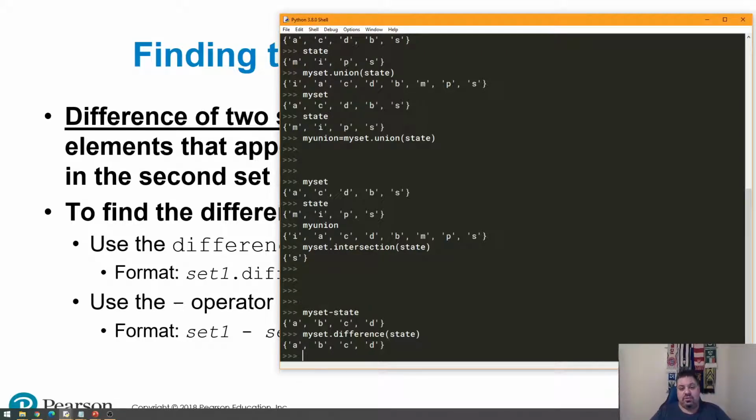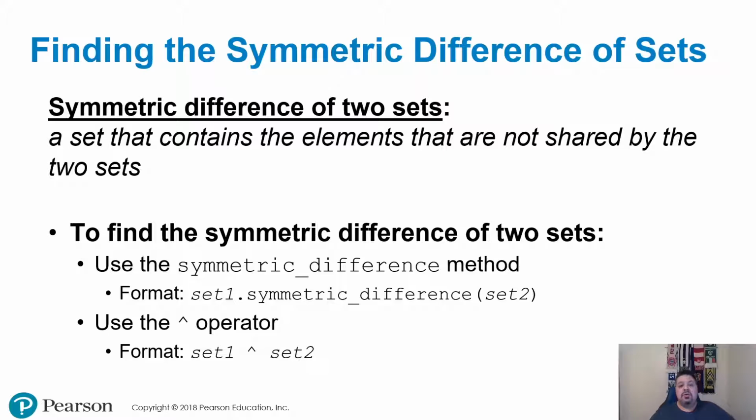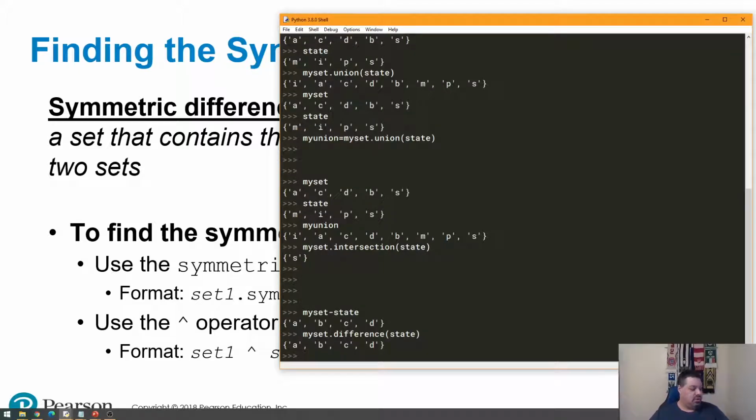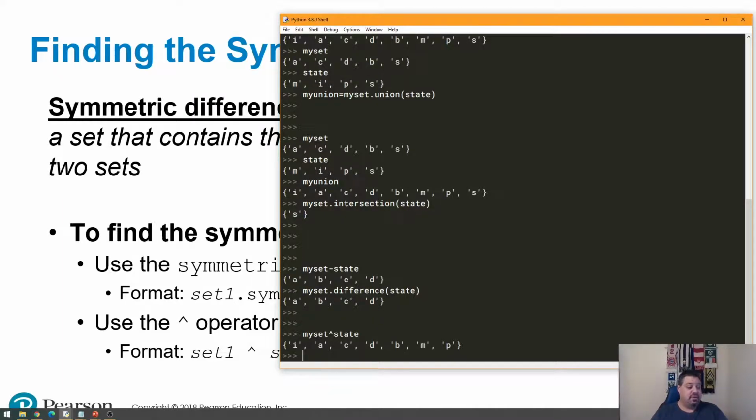Then there's one called symmetric difference, and symmetric difference is basically a set that has the elements that are not shared by the two sets. So in our case, and I'm going to use the shortcut here, which is the caret, I'll say my set symmetric difference state, and that's actually a longer set of things that are not shared. So it's kind of like the inverse of the difference, basically.